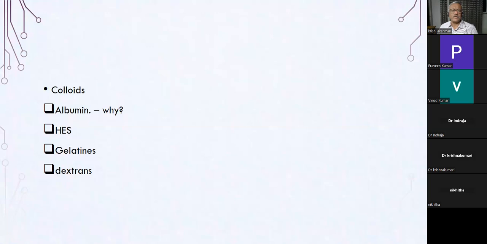I am the first one to say it's debatable. This debate has been going on for 30 years and has not been resolved yet. But there is one school of thought that albumin is less safe than crystalloids in resuscitation for shock. Remember that. And also it's extremely expensive.